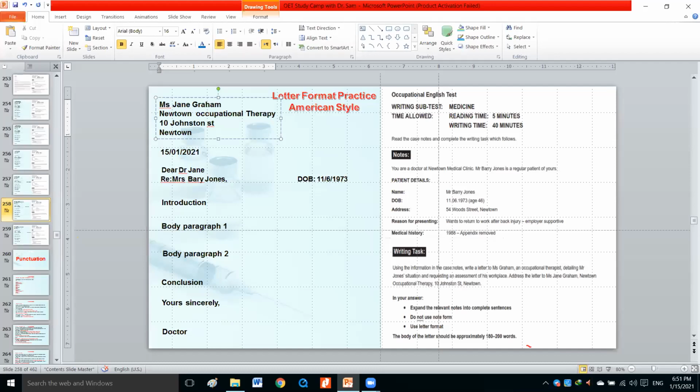Yes. And we have to remove any punctuation in the address. And that's why I didn't write a period after Ms. And you have to capitalize all the words mentioned in the address. And that's why you have to capitalize Occupational, and the abbreviation for street, S capital.